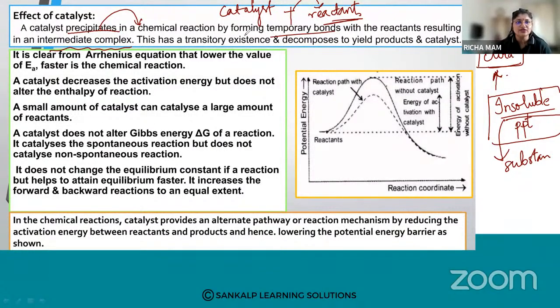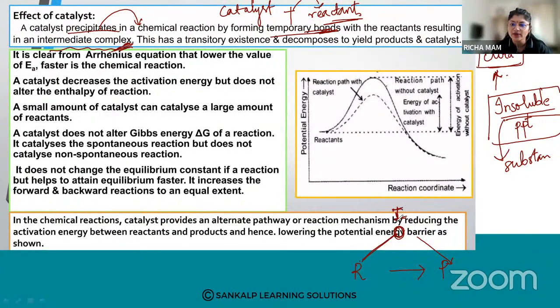So a catalyst will precipitate in a chemical reaction by forming temporary bonds with the reactant, and it forms an intermediate complex. What do you mean by intermediate complex? When a reactant is forming products, it is the in-between stage. The reactant is not completely formed into products and it is not completely in the reactant position.